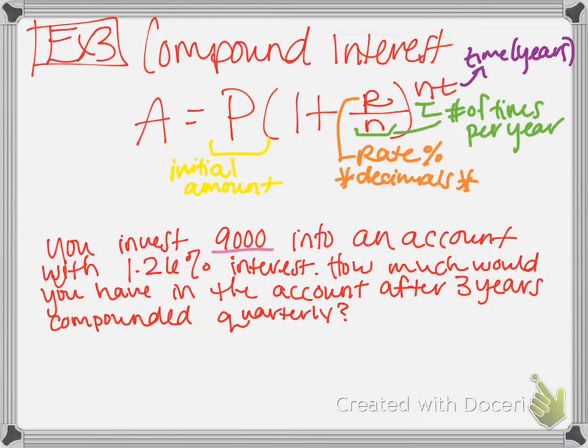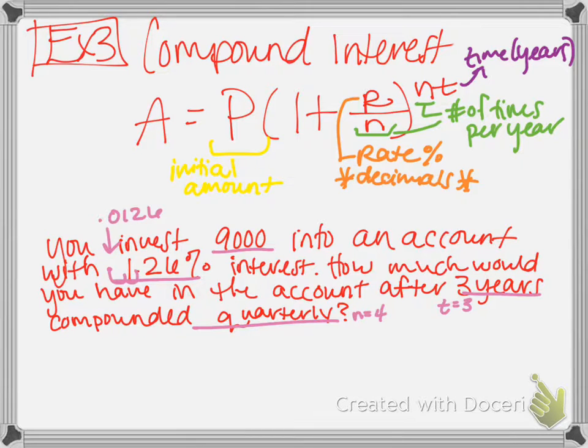You've got your principal, which is the $9,000. You've got your rate, which is 1.26%, and this is the one where you'd have to move the decimal and write it as 0.0126. So I just want to make sure you remember that. How much would you have in the account after 3 years? Okay, so t is going to equal 3. And then compounded quarterly, that's when n equals 4.